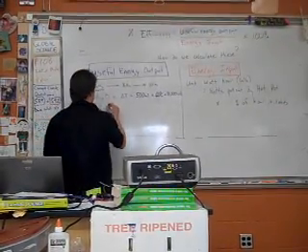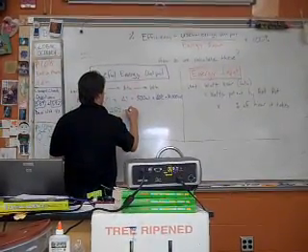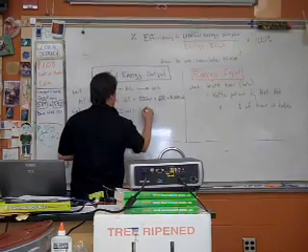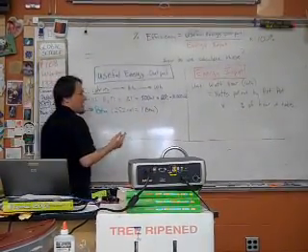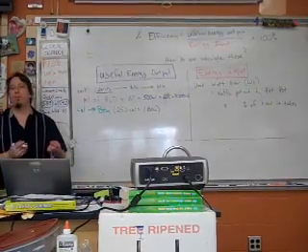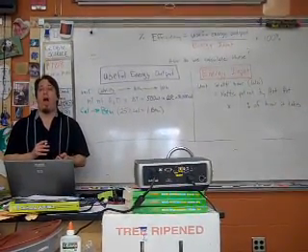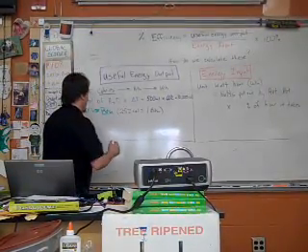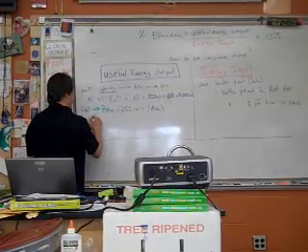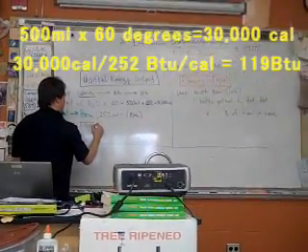So if our conversion factor is that 252 calories equals 1 BTU, then all we have to do is take our calories. What do we do with that number of calories? Divide 252 into 30,000.